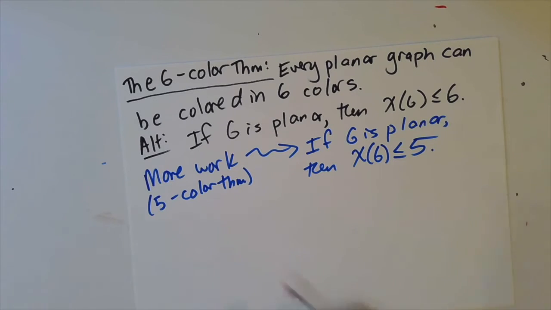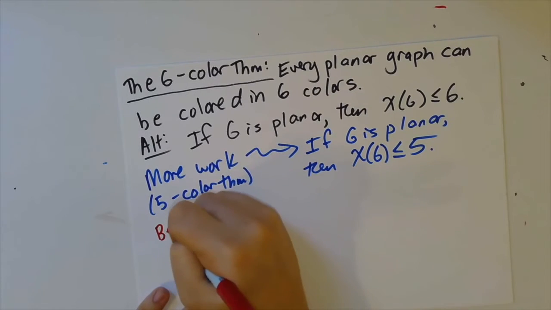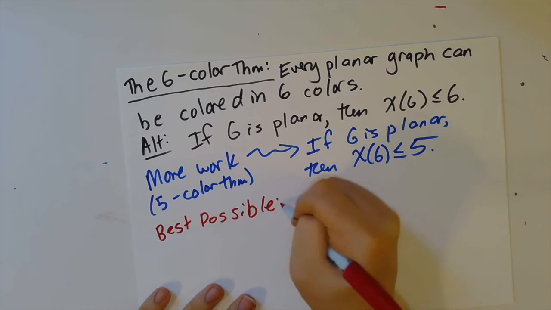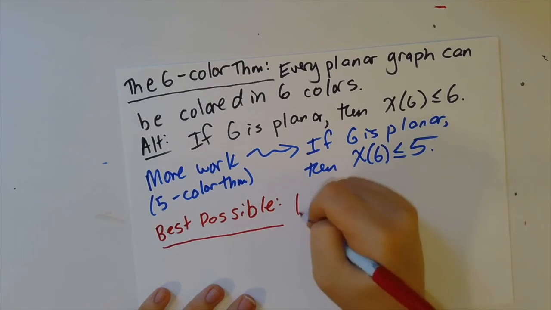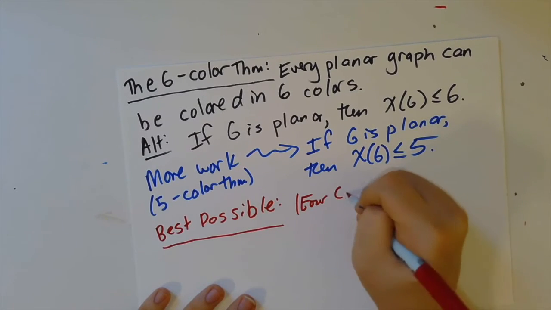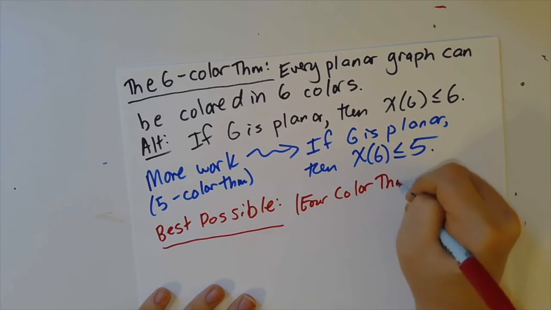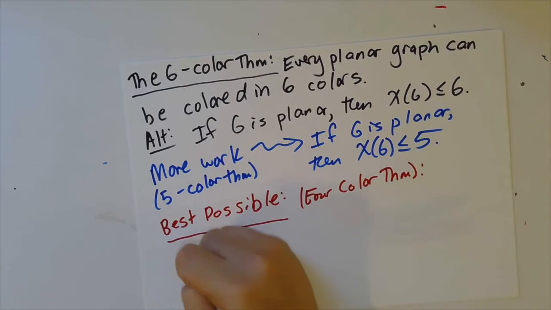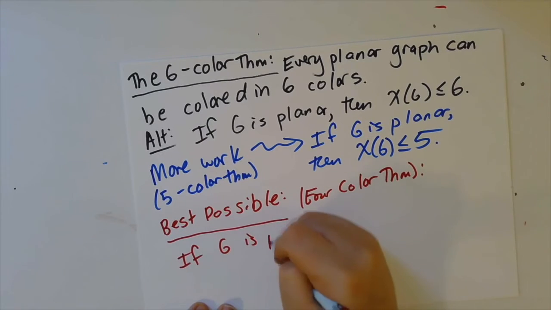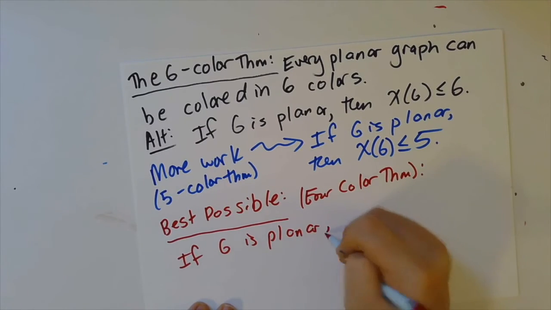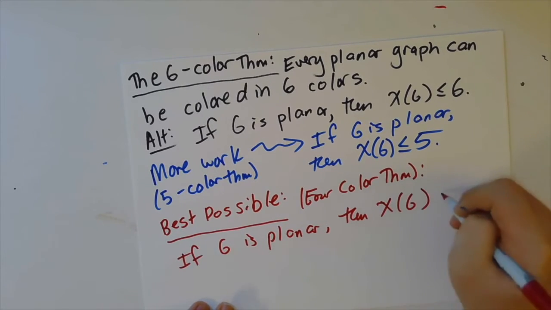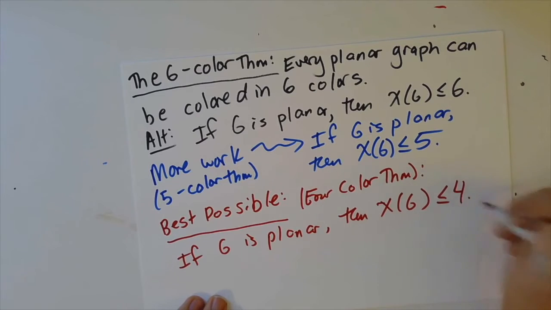But in fact, here is the best possible theorem. This is what's called the 4-color theorem, which is that if G is planar, then chi of G is less than or equal to 4.